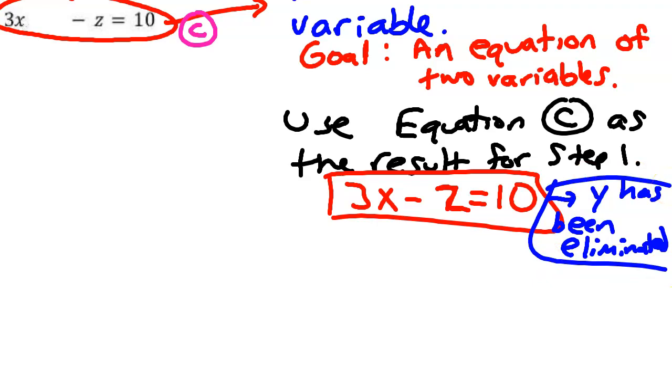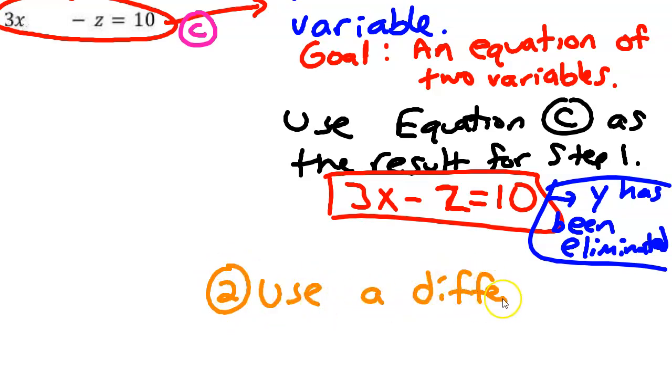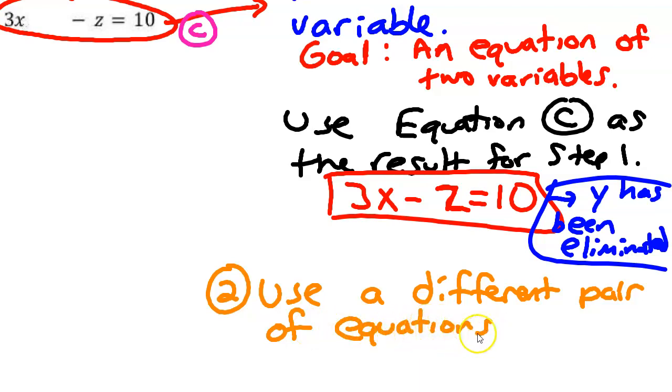Right, so keep that in mind. For step two, let me use a different color here. For step two, we have to use a different pair of equations to eliminate the same variable.